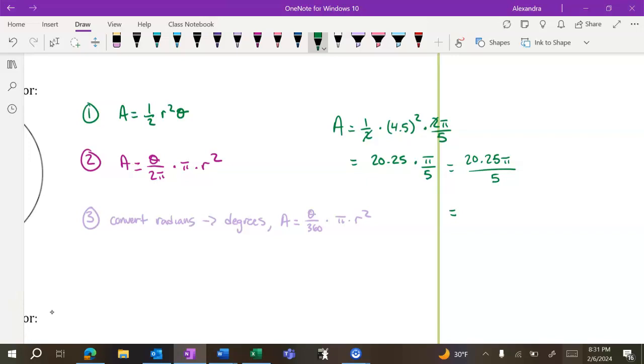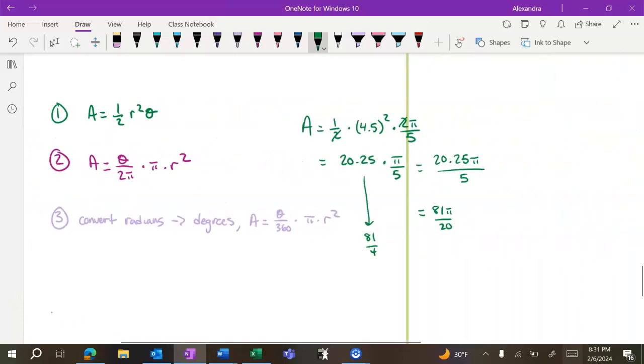I know that 0.25 is 1/4, so I can rewrite this as 81 over 4, which then when I multiply it times pi over 5 gives me 81 pi over 20, and then our units, centimeters squared.